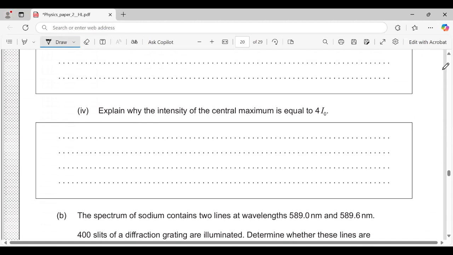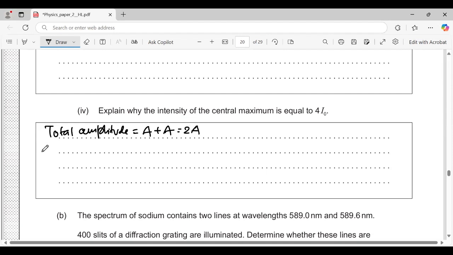Right. The sum of amplitudes from the two slits is the total amplitude: A plus A equals 2A.